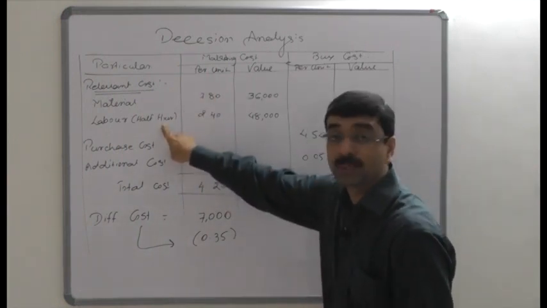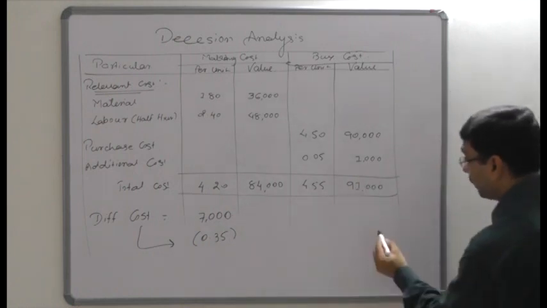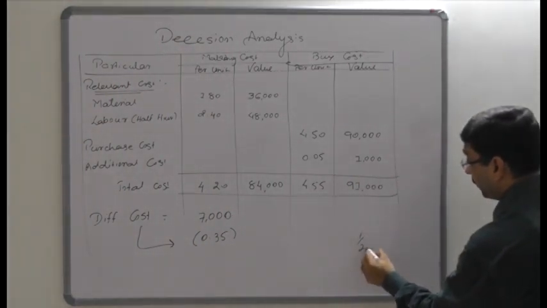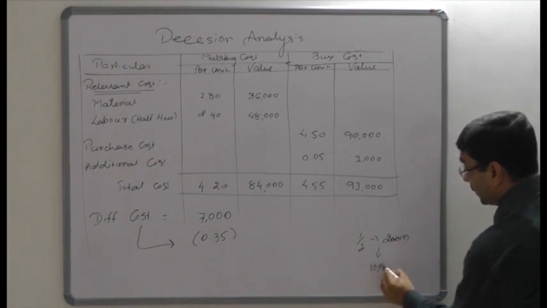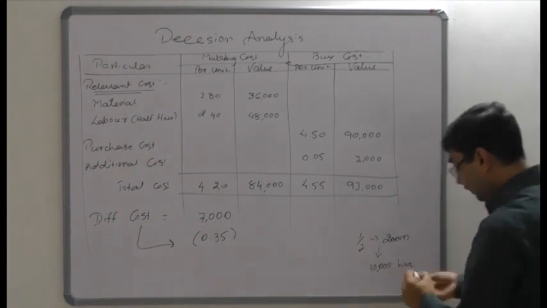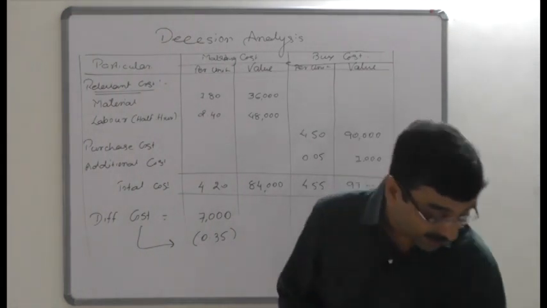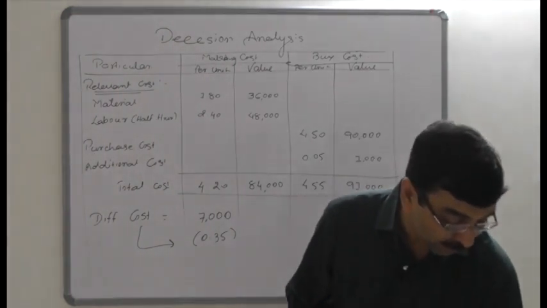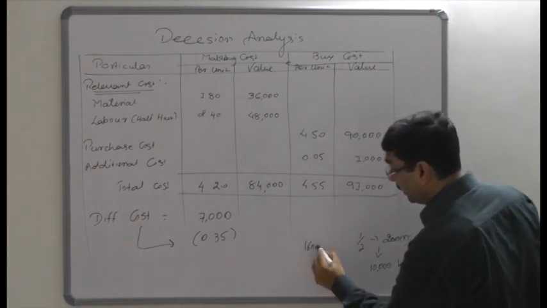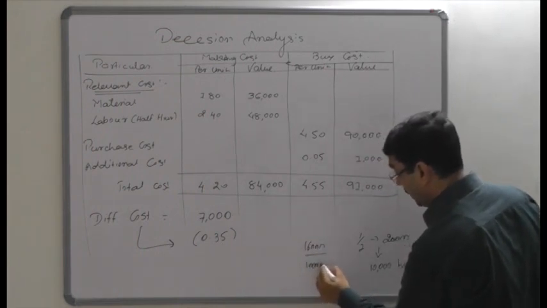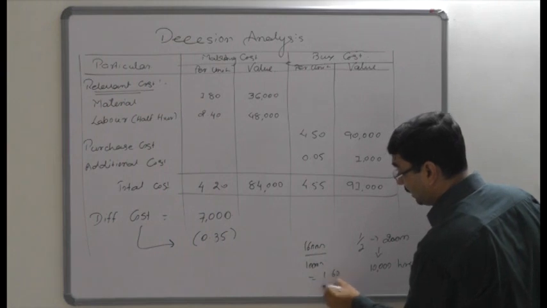Here it uses half an hour, and half an hour is required for 20,000 units. So the total 10,000 hours is required. In case 10,000 hours is required and 16,000 rupees is an unfavorable volume, 16,000 divided by 10,000 hours comes to 1.60 rupees.